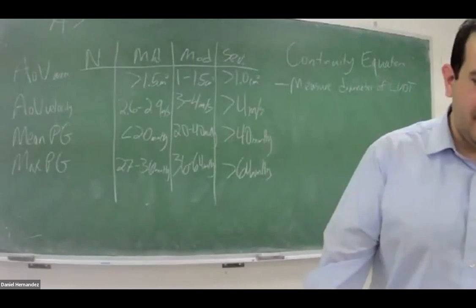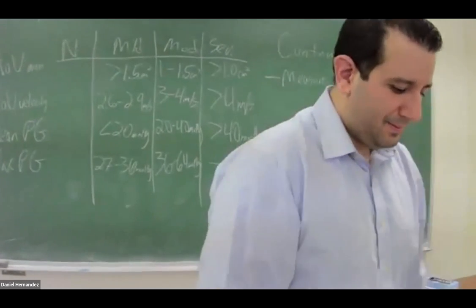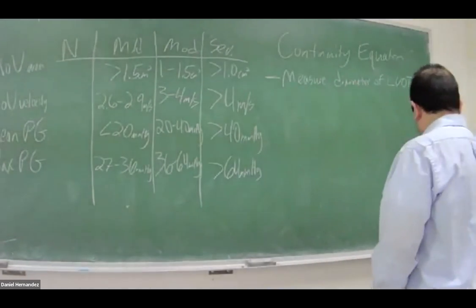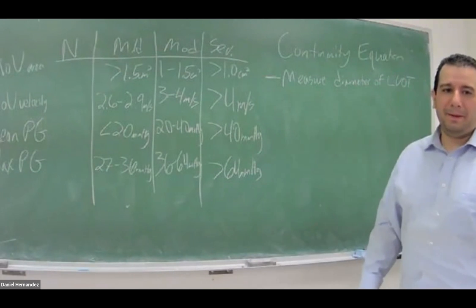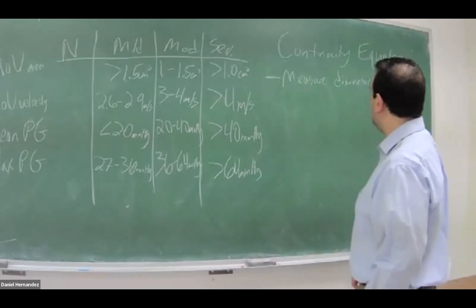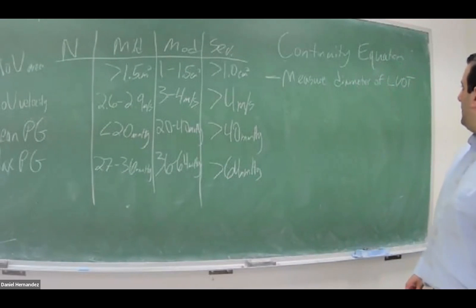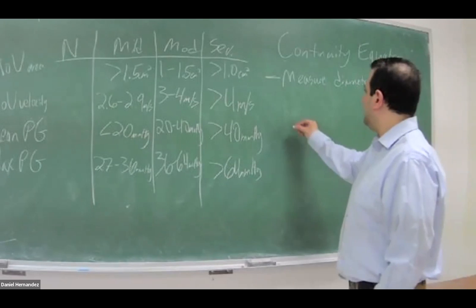For us, we're going to measure the diameter of the LVOT. Which view did we do that in? You guys remember? Of course you do. Parasternal long axis. That's one of the measurements we do in our parasternal long axis. We measure the diameter of the left ventricular outflow tract.